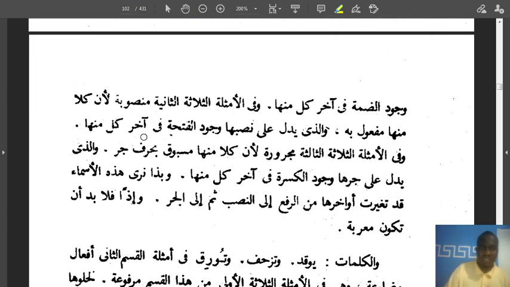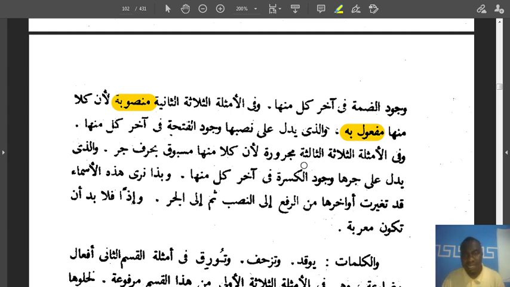So he says in the second three, you realize that they are mansuba لأن كل منها مفعول به, because each of them is مفعول به. When we say مفعول به, we mean the object. We've already done مفعول به. والذي يدل على نصبها, and that which makes us see that it is منصوب وجود الفتحة في آخر كل منها, the availability of the fatha at the end of each of it.